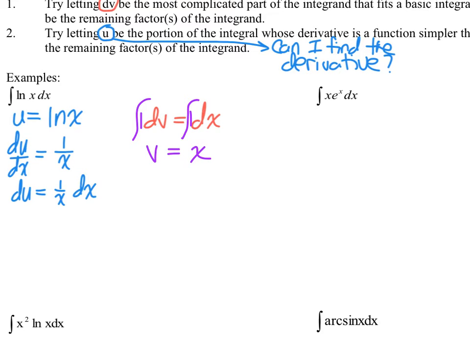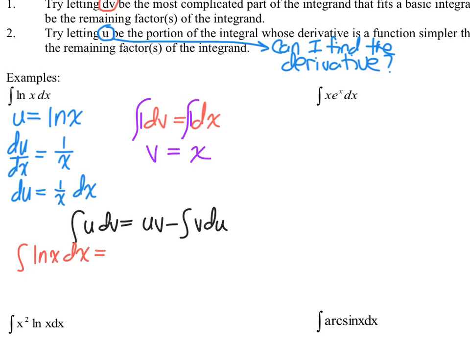So now we're going to use our rule, and that is the antiderivative of u dv is equal to uv minus the integral of v du. So the antiderivative of ln of x dx is equal to my u, which is ln of x, times my v, which is x, minus the integral of the v times du.